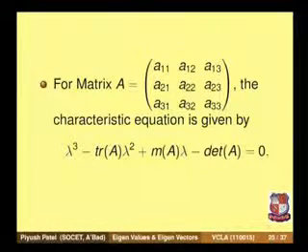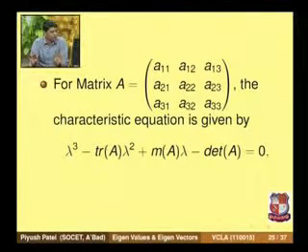Then the characteristic equation of matrix A is given by lambda cubed. See here in the equation all the signs are alternating. The equation must be of degree 3 because we are taking a matrix of order 3 by 3. Therefore its corresponding characteristic equation will be a degree 3 polynomial equation. So it starts from lambda cubed.